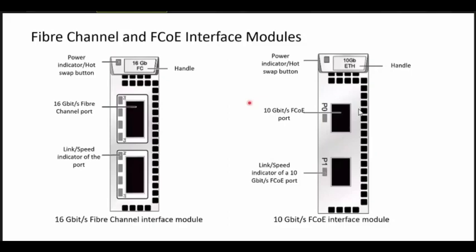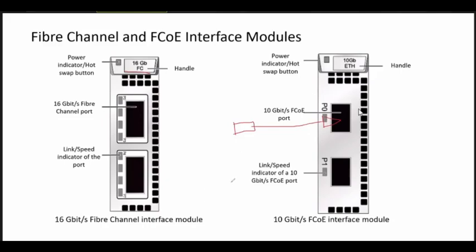Then we talk about fiber channel and FCOE, fiber channel over Ethernet. For fiber channel modules, you have the base 16 gigabyte fiber channel. For fiber channel over Ethernet, you have the 10 gigabyte Ethernet module. If you want to run FCOE, you have to have the FCOE small form pluggable, plug it inside, and then you run 10 gigabyte Ethernet FCOE.